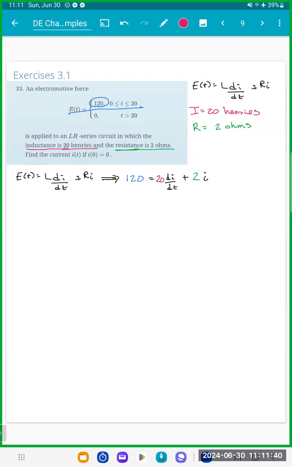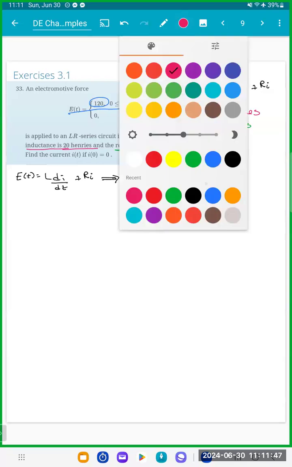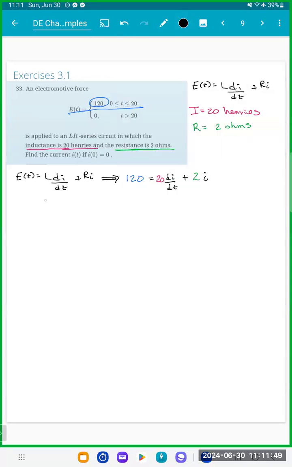Okay. All right, so when we simplify this, we get di/dt plus 1 over 10 I equals 6.